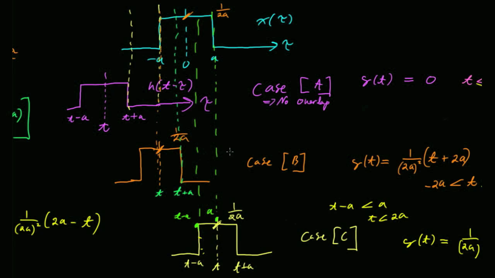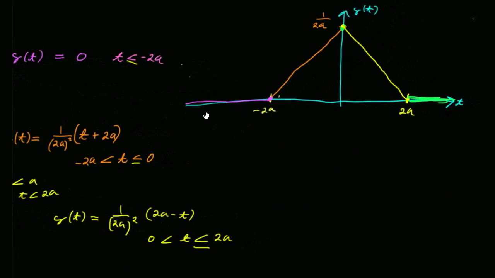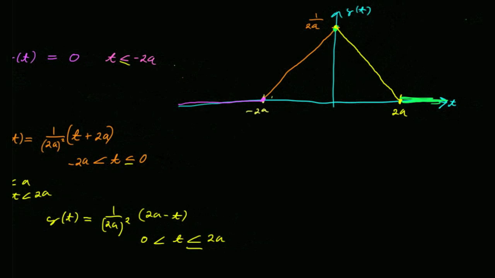So the next thing that was interesting is that we had continuity for each of the 4 functions that we had. Here we had y of t was 0. Here we had y of t equaled 1 over 2a squared times t plus 2a.